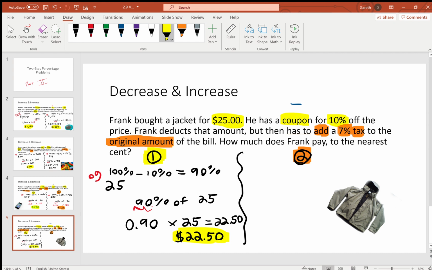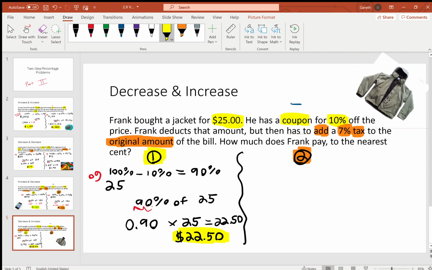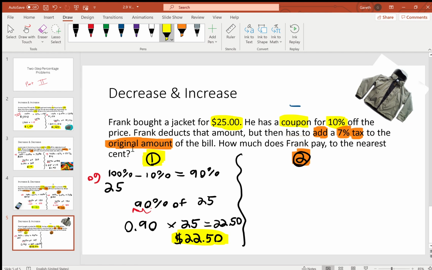However, after Frank takes that amount of money off because of the coupon, Frank has to pay a 7% tax on the original amount of the bill. Now the key word here is original. The original amount was $25. So in this particular case, because we read the problem carefully, we understand my original amount here is $25. So I want to find my 7% tax. I'm trying to find 7% of 25.